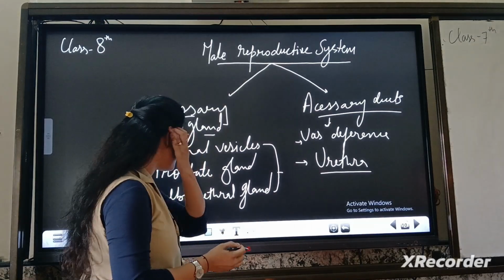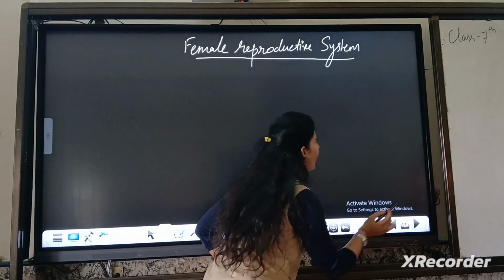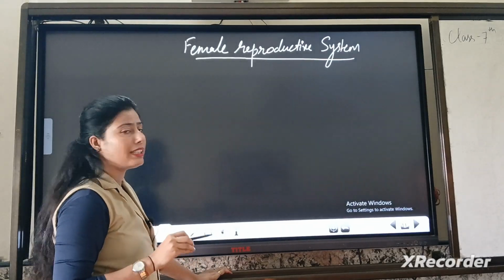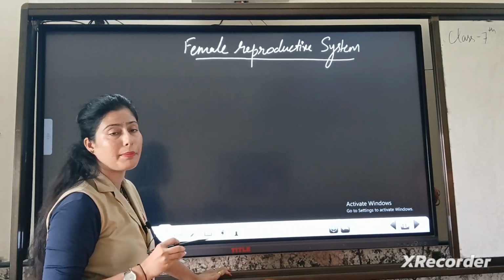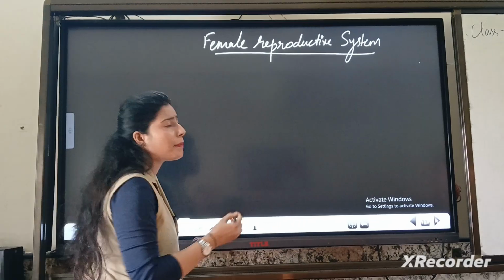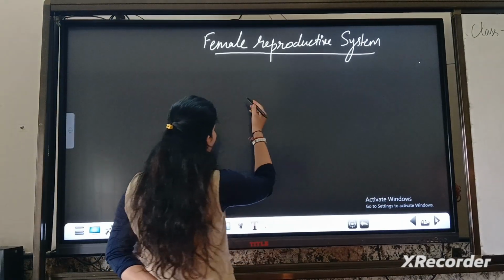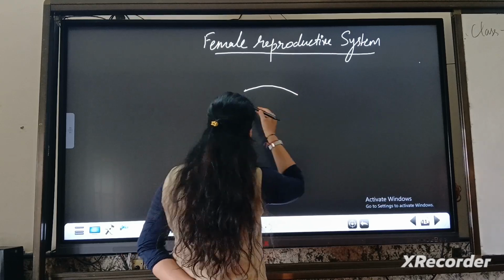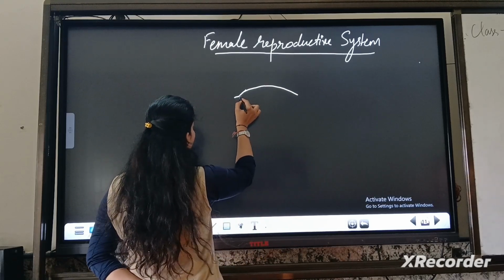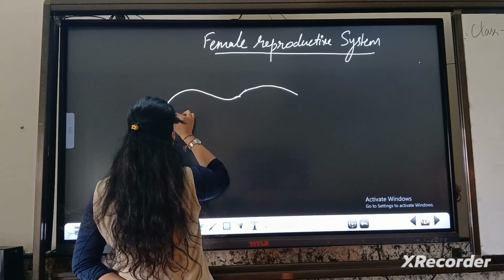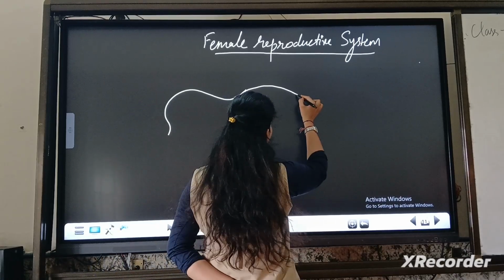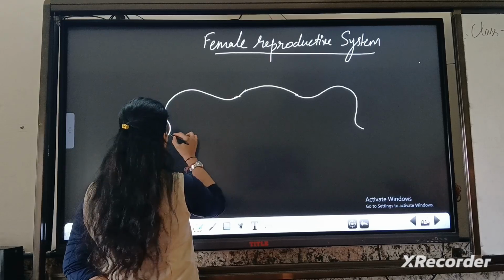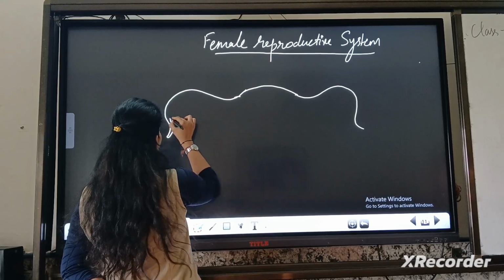Now after this we move towards the female reproductive system. Now I will explain how to draw a structure of the female reproductive system. This female reproductive system is comprised of the female primary sex organ, which we call ovaries, and their accessory ducts.